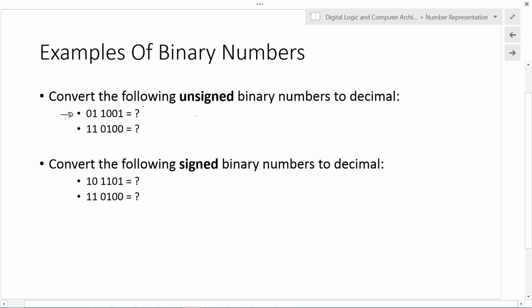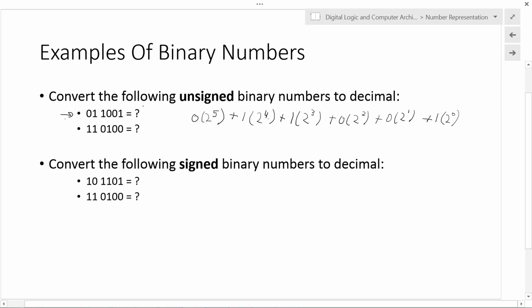So 0 times 2 to the 5 for a 6-bit number, plus 1 times 2 to the 4, plus 1 times 2 to the 3, plus 0 times 2 to the 2, plus 0 times 2 to the 1, plus 1 times 2 to the power of 0.